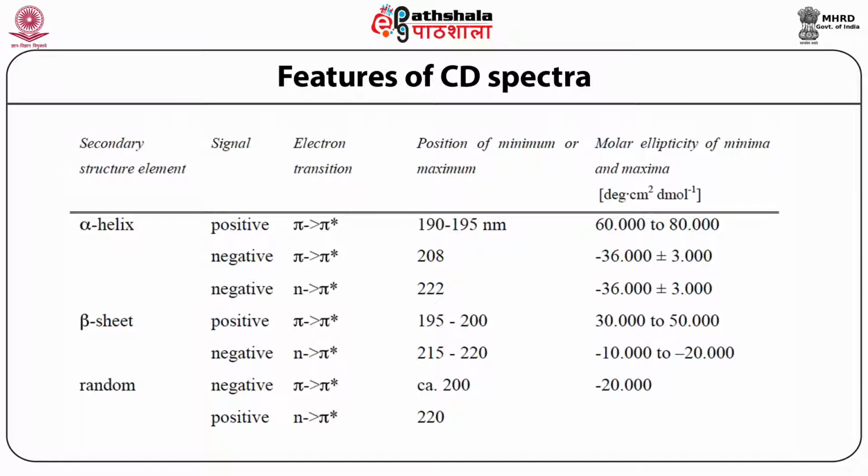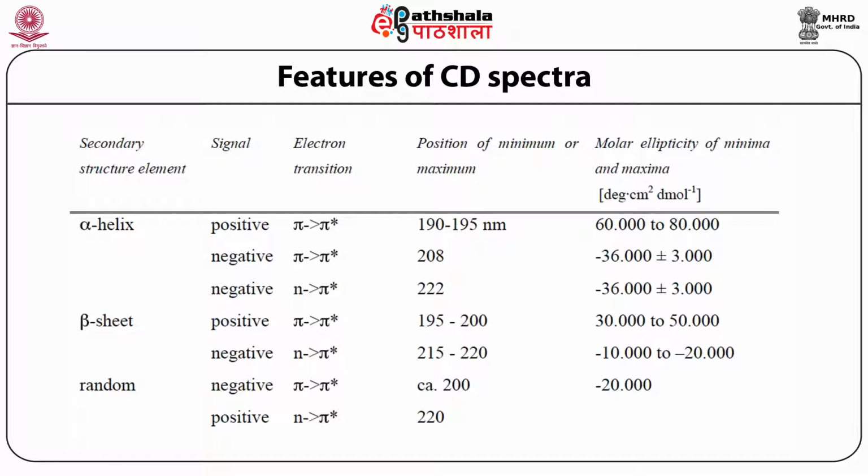The negative value is the pi to pi transition at position 208 nanometer, giving 36,000 plus or minus 3,000, and the negative value for the n to pi transition is at 222 nanometer, giving again minus 36,000 plus or minus 3,000.